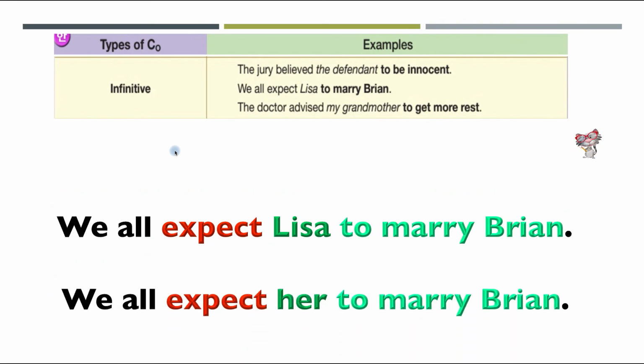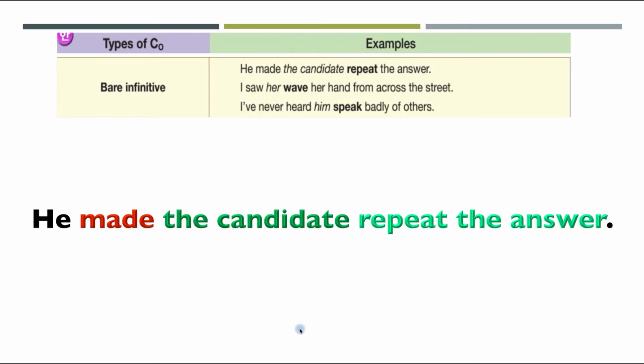The bare infinitive: we all expect her to marry Brian, so we could have her for Lisa. The bare one here, because here there's no to. He made the candidate to repeat the answer. You could say that, alright? No, because as you notice here, the main verb in the first sentence is made, which is make, and in the second sentence, I saw, which is like see, hear, those kinds of verbs.